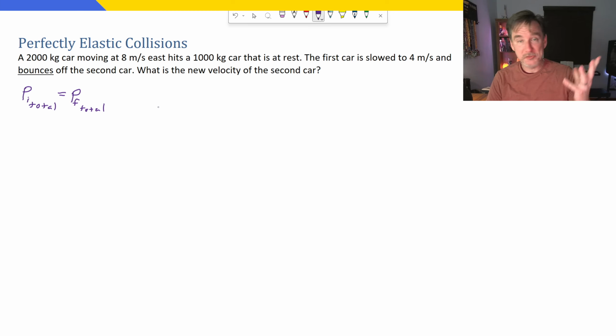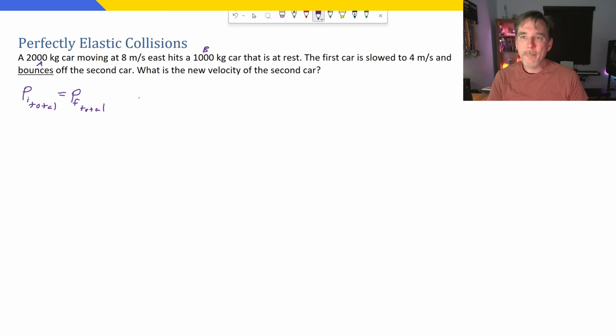We've got two cars, so we need the momentum of the first car and the momentum of the second car. I'm going to call the 2,000 kilogram car, car A. The 1,000 kilogram car, I'm going to call car B. Call them whatever you want. It really doesn't matter, just as long as you keep them separate from each other.